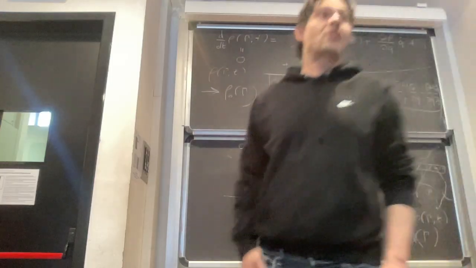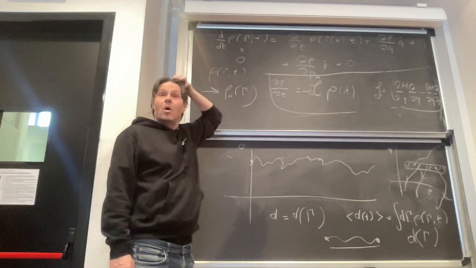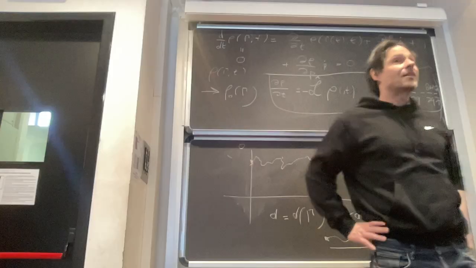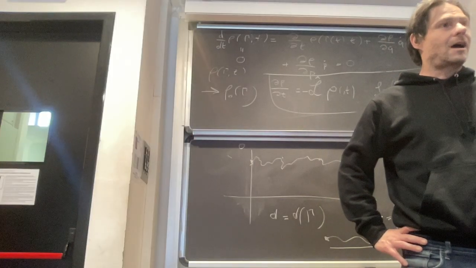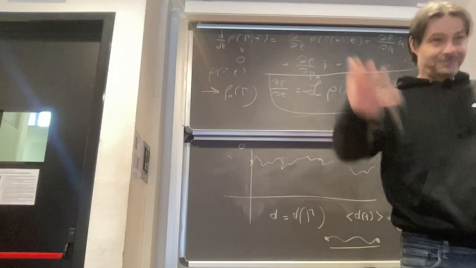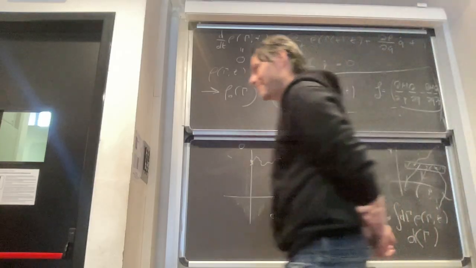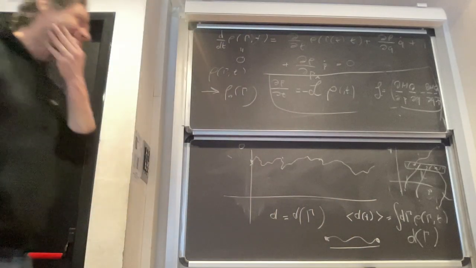But what is the static distribution? Let's assume the ergodic assumption, and there is a static distribution, rho naught of gamma. What is it? That's a very valid question. Here is where Mr. Boltzmann taught us something.